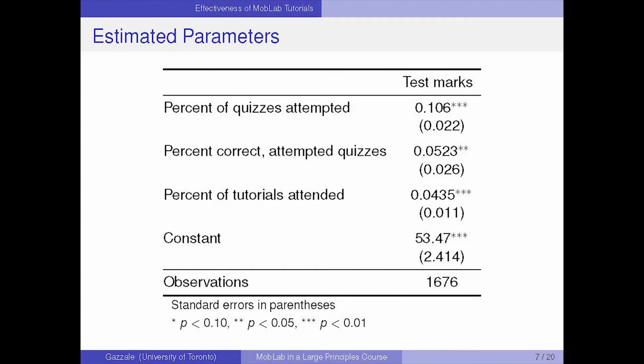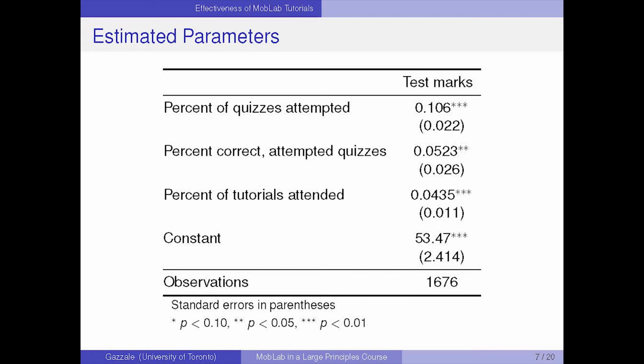But importantly, I want to interpret carefully. And so when I do this fixed effects model, the first thing that I find out is that, first, percent correct on attempted quizzes, unsurprisingly, and I'm sure you all know this, students who do well on quizzes do well on tests. Not a big surprise.